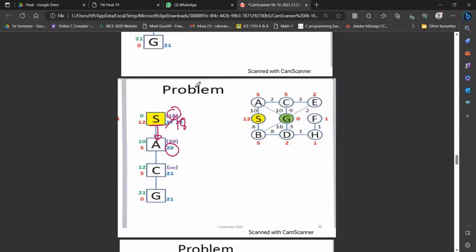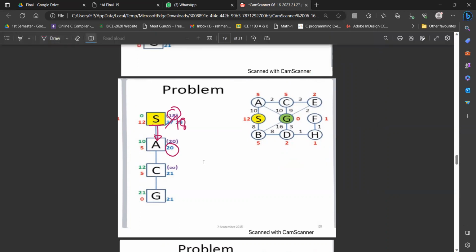So now the problem is, you might think that this is the optimal solution, but it is not, because I'll write it down for you if that helps.